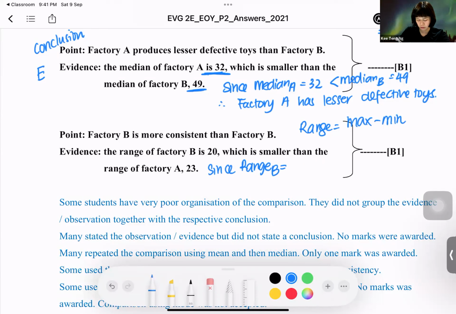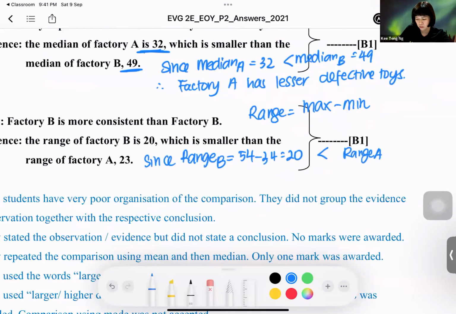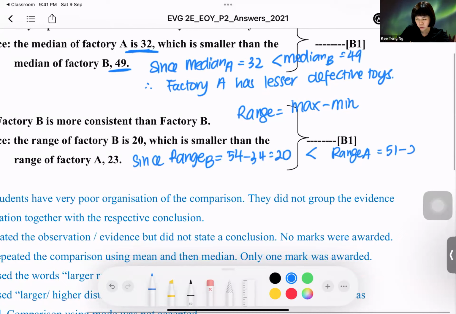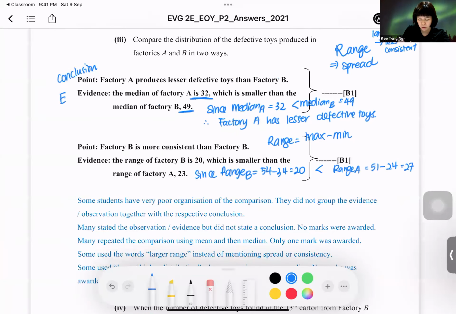Then compare with range of A, I remember B is smaller, 51 minus 24. 51 minus 24 is 27. Slightly a little bit smaller, right?